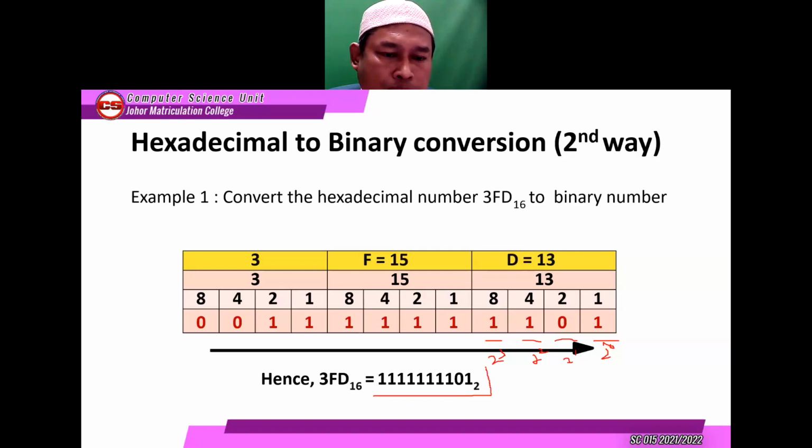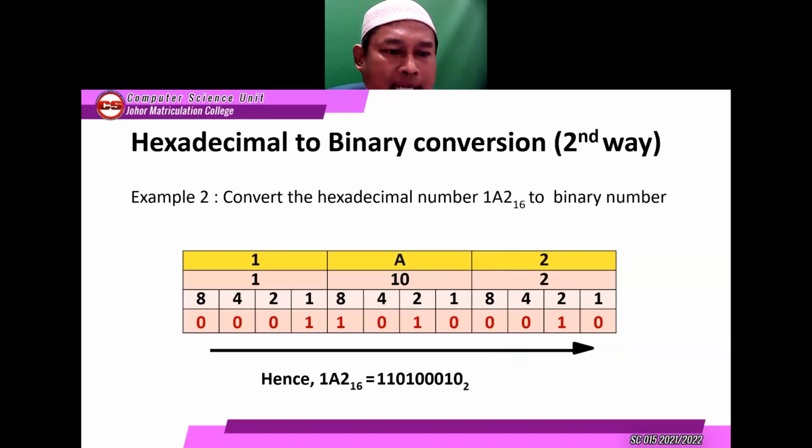This is the short, direct conversion from hexadecimal numbers to binary numbers. I hope you understand how to convert from binary to hexadecimal numbers and hexadecimal numbers to binary numbers.